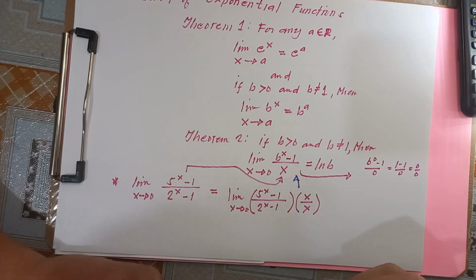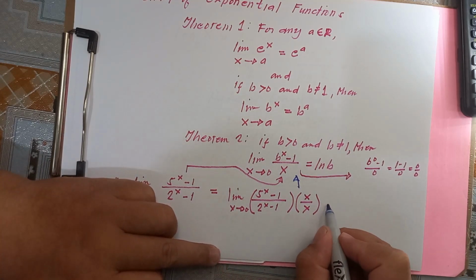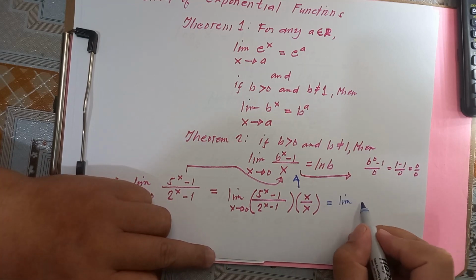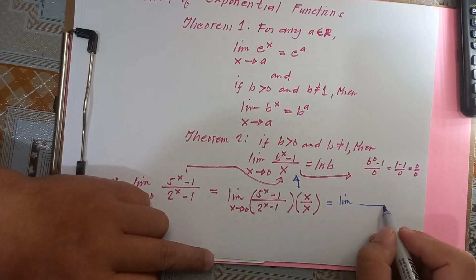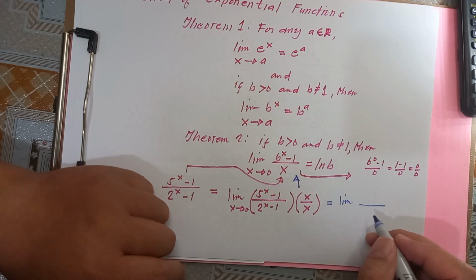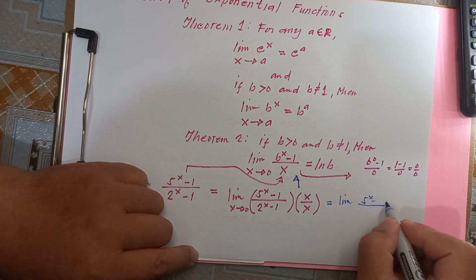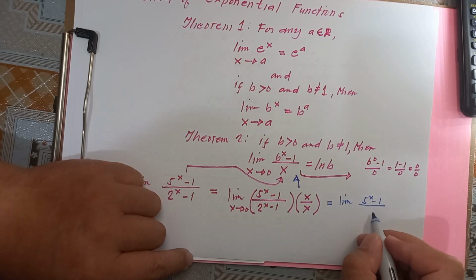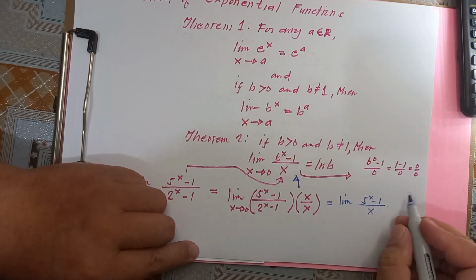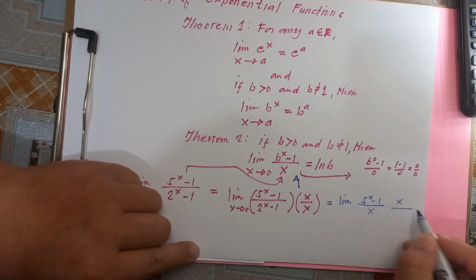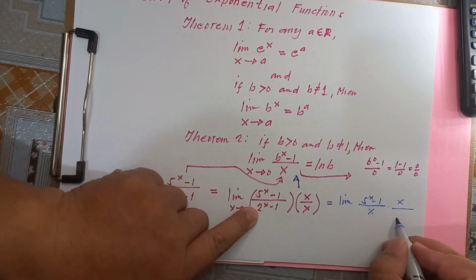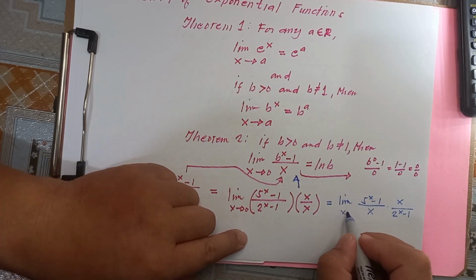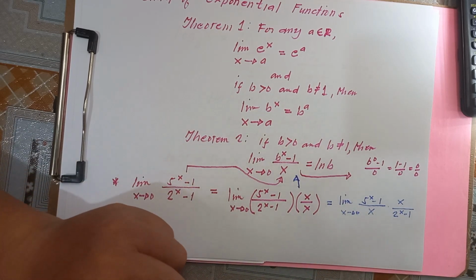So what is that? Notice that we can have the statement saying the limit of the quotient 5 raised to x minus 1 over x, multiplied by x over 2 raised to x minus 1, as x approaches 0.